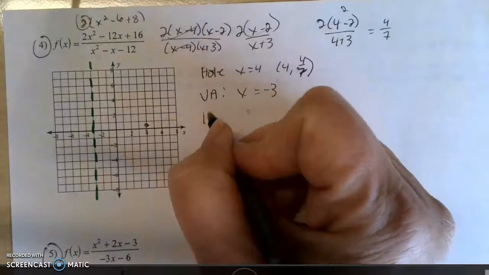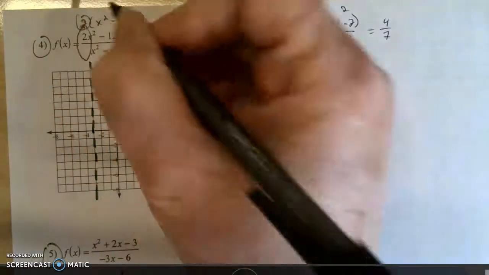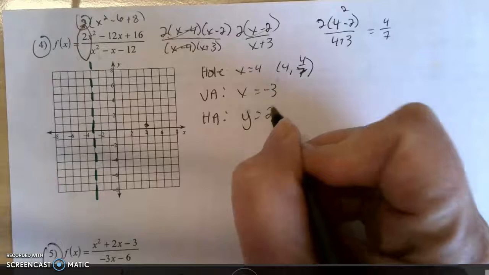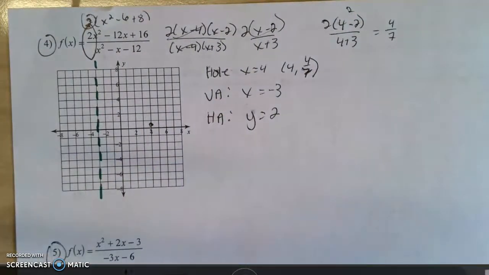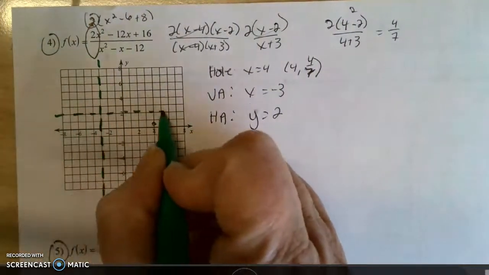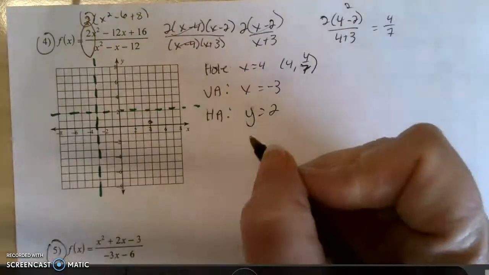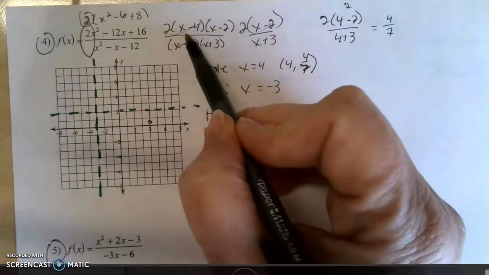Horizontal asymptote. I'm going back to my original problem. Y equals 2. This one's a hole.